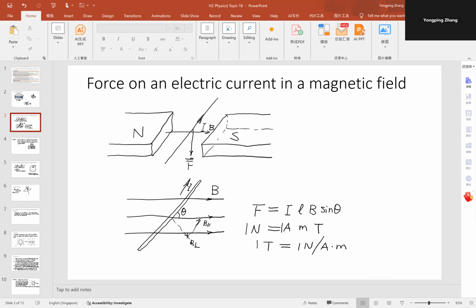This is the B sine theta. B sine theta. This is the electric current in the magnetic field.